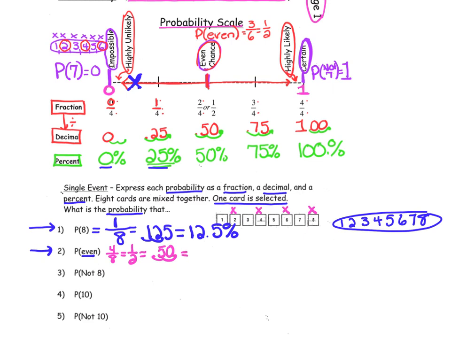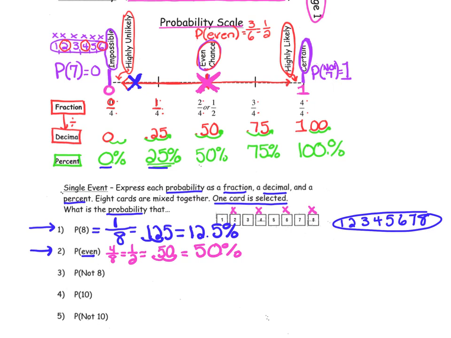And as we move the decimal 2 places, we have a 50% chance of getting that event to occur. A much stronger chance, you can see we moved down the probability scale quite a bit, but it's still only an even chance at 50%.